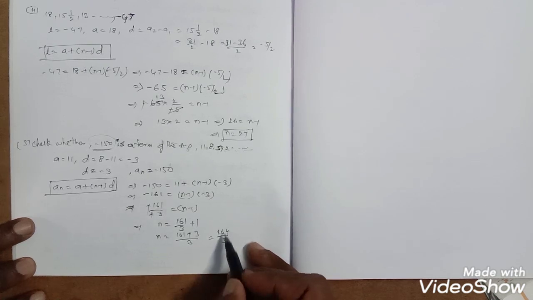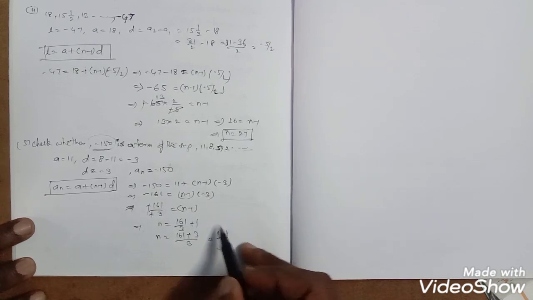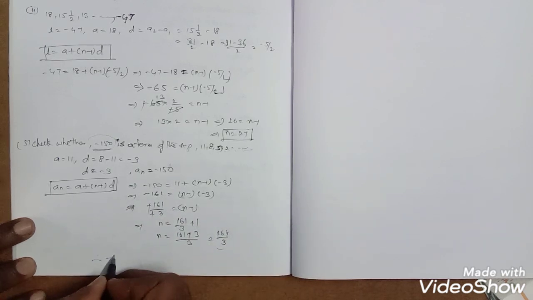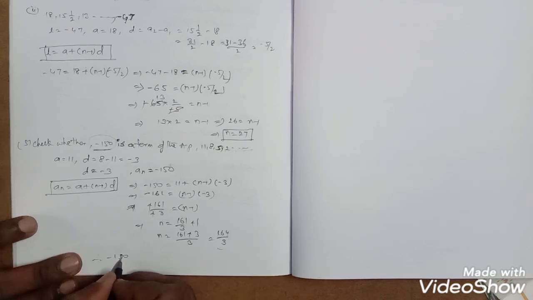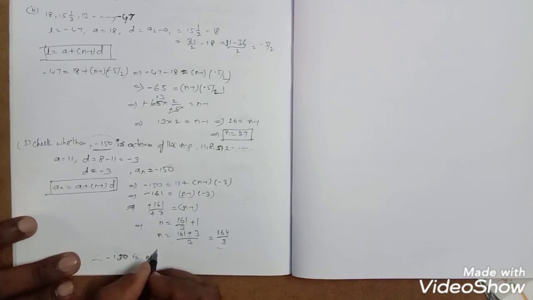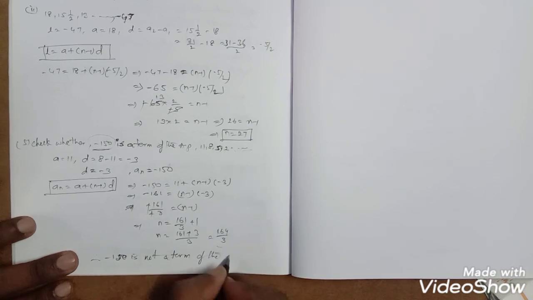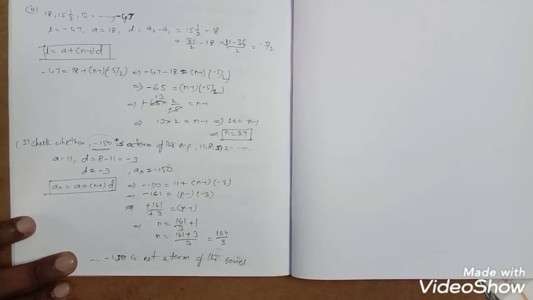And try to cancel this. Now if I cancel this, it will come in decimal point. The number of terms won't come in decimal point. So therefore we can say minus 150 is not a term of the series.